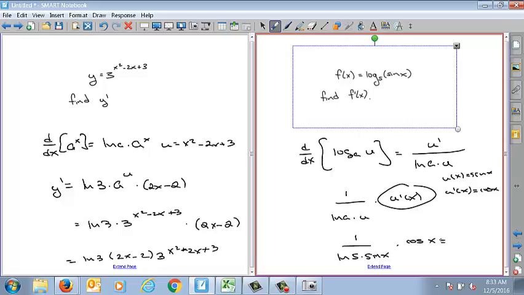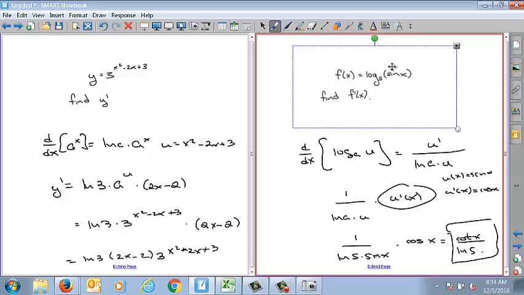So you end up with that, and you go ahead and rewrite it as the cotangent of x divided by the natural log of 5. So it's just a matter of using the right formula, realizing that this version in the book is that the u prime is always just the chain rule.